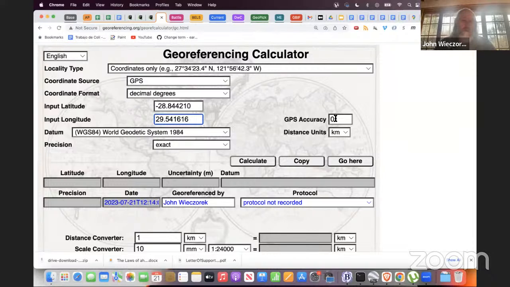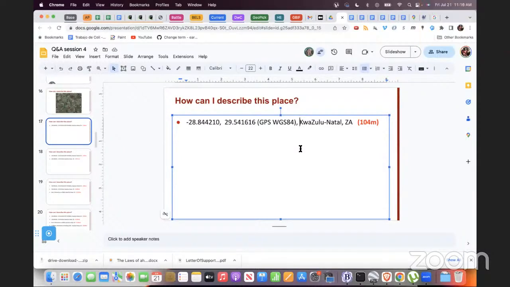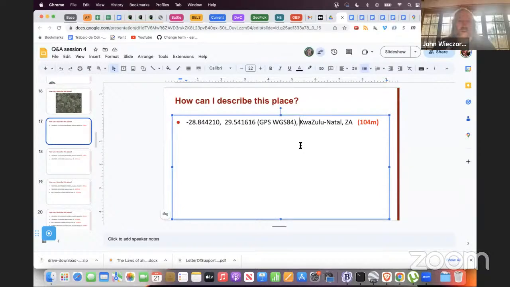What do I put there? Here's my description. What do I put for GPS accuracy? The young man didn't record it. That's right, it's not recorded.